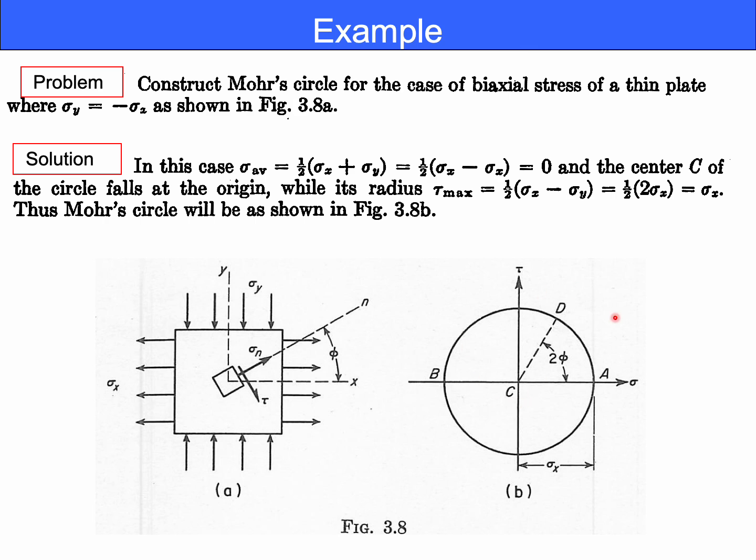Look at the figure. You can calculate sigma average by this formula, and substituting sigma y equals minus sigma x, we find that the average stress equals 0.